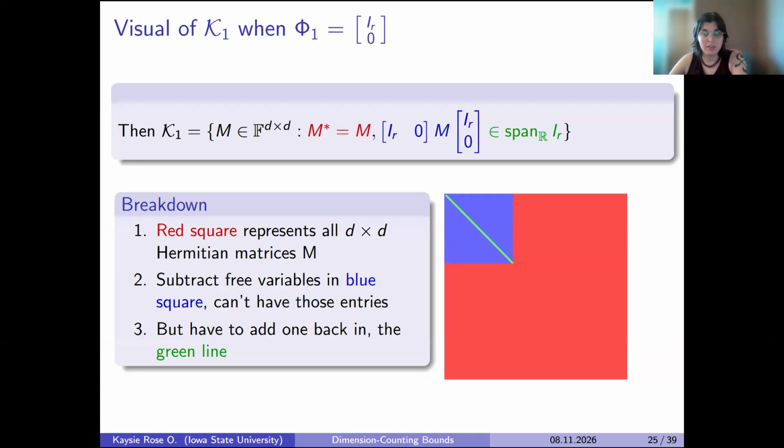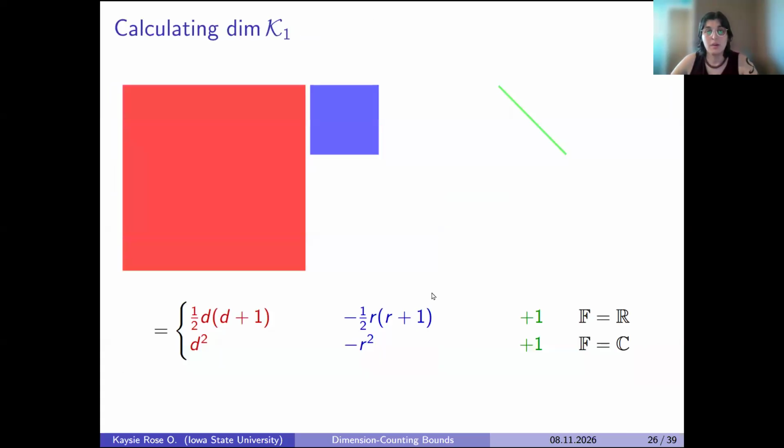Let's see what the dimension of K1 is based on that visual. The dimension of D by D Hermitian matrices as a real space is just this. The dimension of R by R Hermitian matrices as a real space is this.